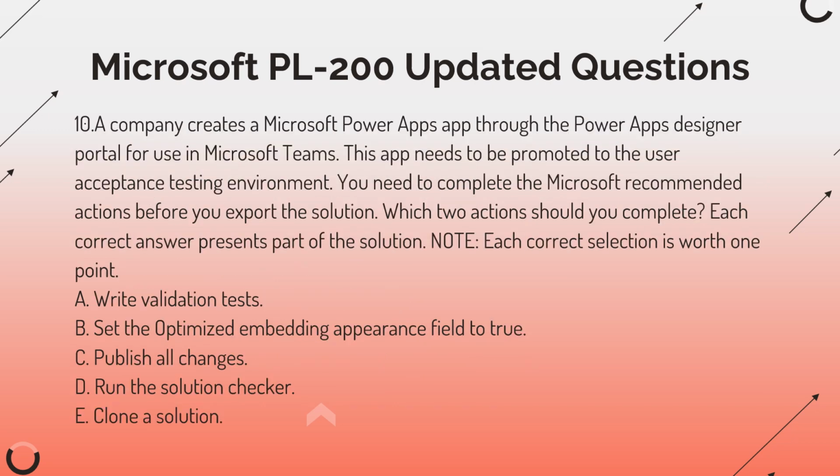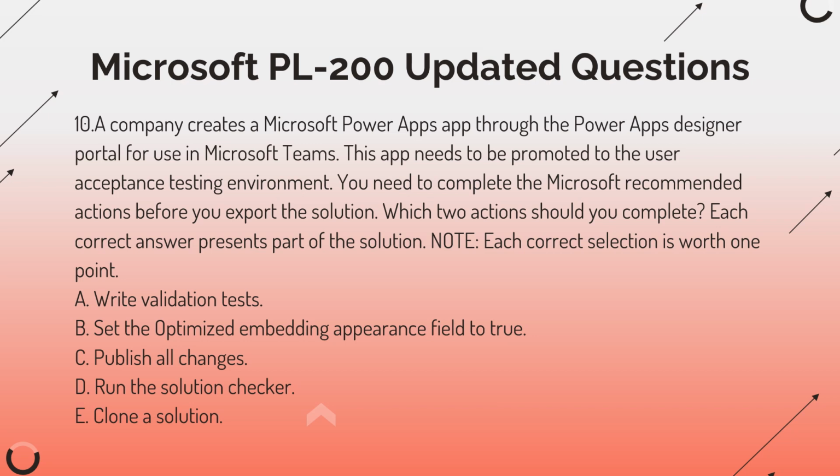10. A company creates a Microsoft Power Apps app through the Power Apps Designer portal for use in Microsoft Teams. This app needs to be promoted to the user acceptance testing environment. You need to complete the Microsoft recommended actions before you export the solution. Which 2 actions should you complete? Each correct answer presents part of the solution.